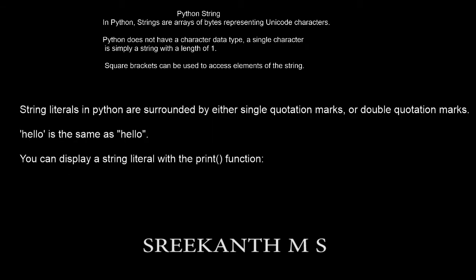String literals in Python are surrounded by either single quotation marks or double quotation marks. We can use either single quotation or double quotation when you use a print function. You can display a string using a print function.